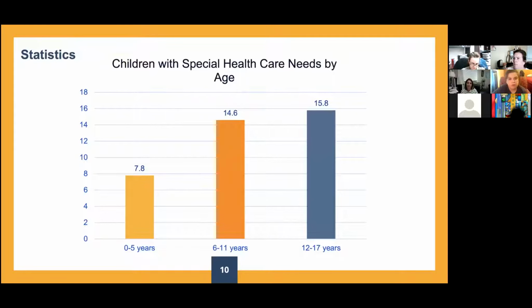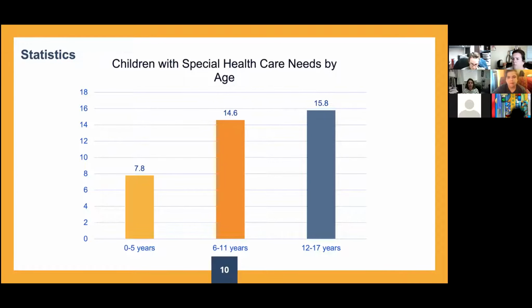Now we know that particularly young children, and since that was our original focus of this, is children with special health care needs, particularly young children may not have had a diagnosis, or it might have been one of those like ADHD or autism spectrum that really by the end of the 0 to 5 years you're starting to see, but some of them may not have.